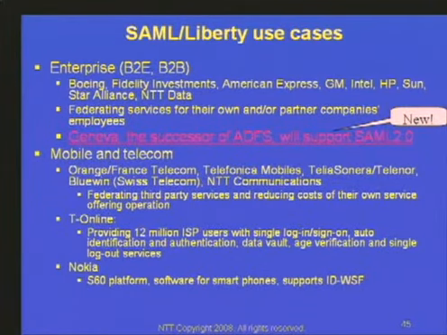And for instance, France Telecom in France provides services using SAML for more than 50 million users. So it's very popular. And also this news was announced yesterday.